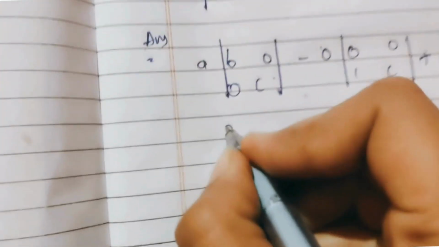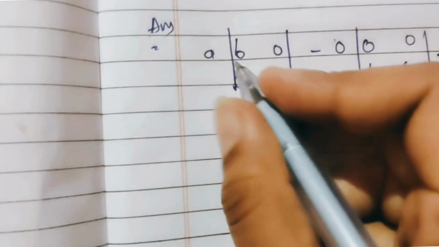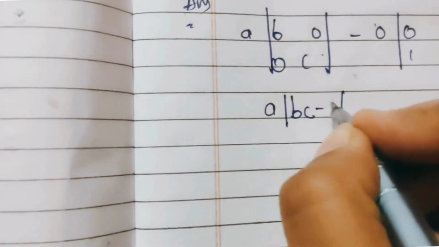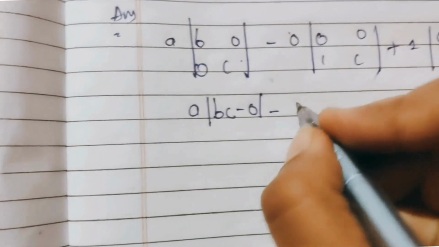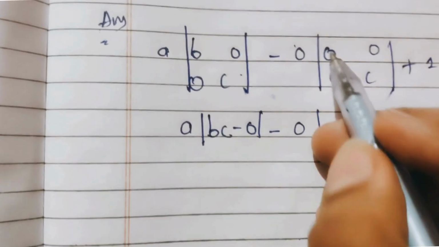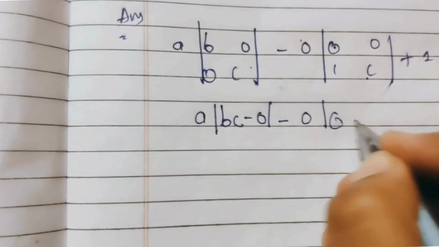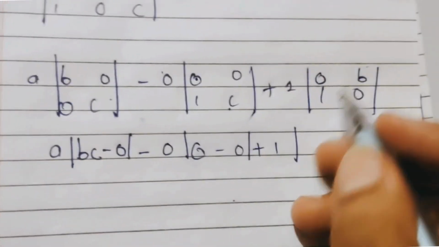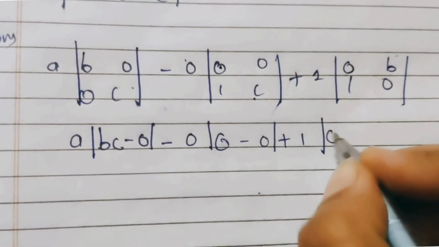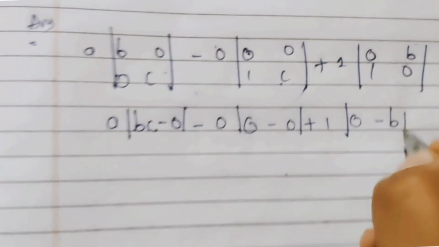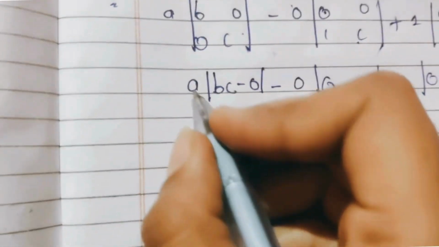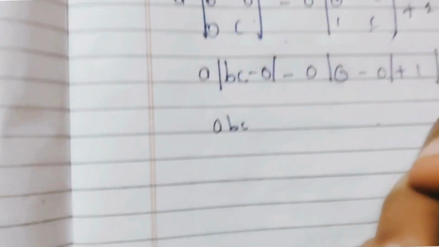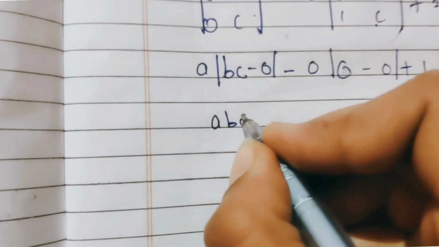Let's solve this. First B multiplied by C gives BC, and 0 multiplied by 0 is 0 only. Then here we are getting all the terms 0. 0 multiplied by C is 0, minus 1 times 0 is 0. Here we get total 0. And here 0 multiplied by 0 is 0, minus B multiplied by 1 is B. So what we got: A multiplied by BC is ABC, and A multiplied by 0 is 0, so we are not taking that term.